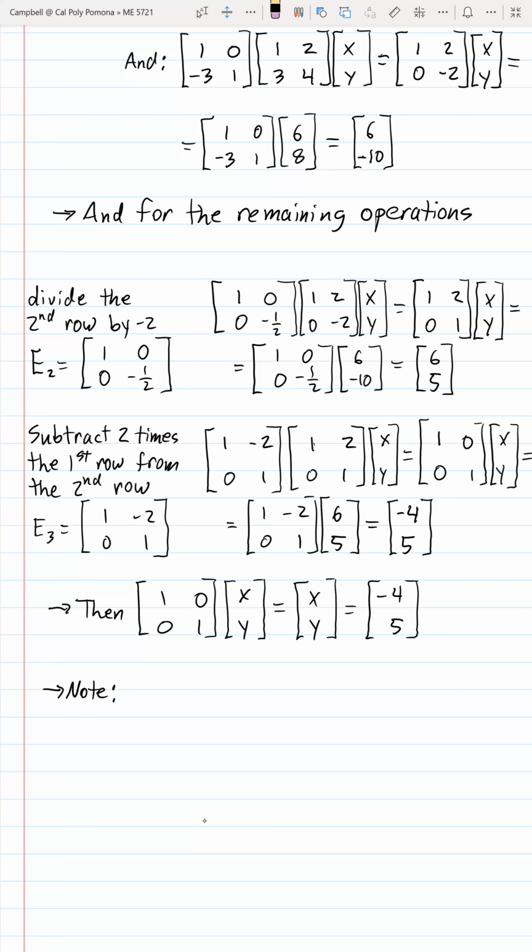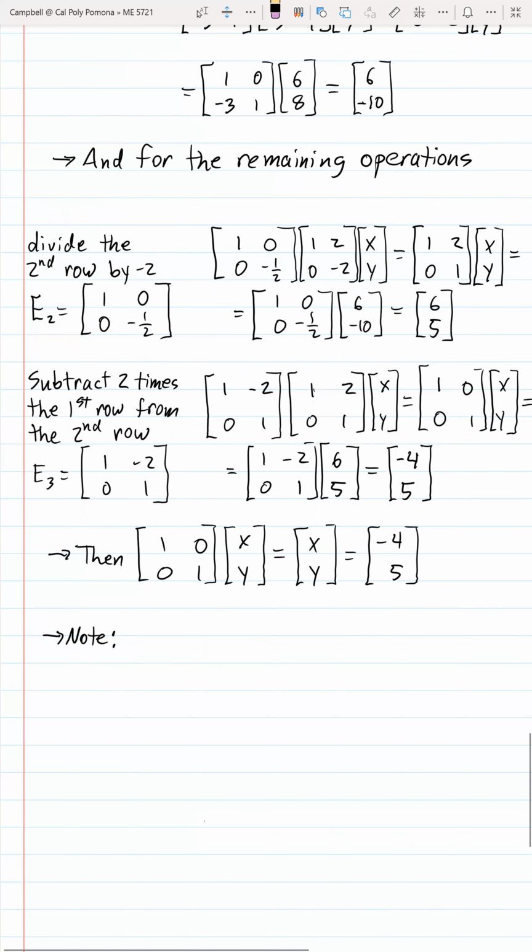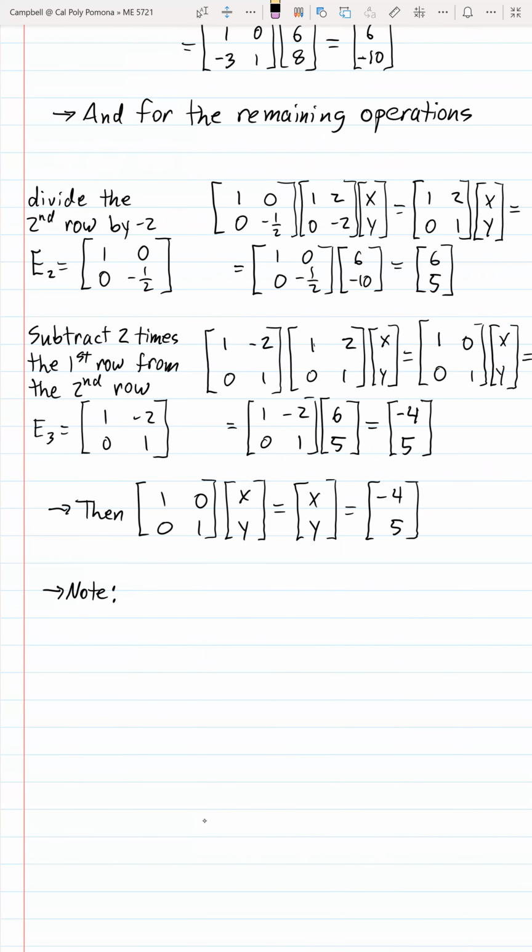So what do we have? We already have our 3 elementary matrices, E1, E2, E3. Now, for simplicity, I'll go ahead and just take E3 and leave it as E3 for right now, because I just want to focus on the first 2 matrices, 1, 0, and then 0, -1/2.